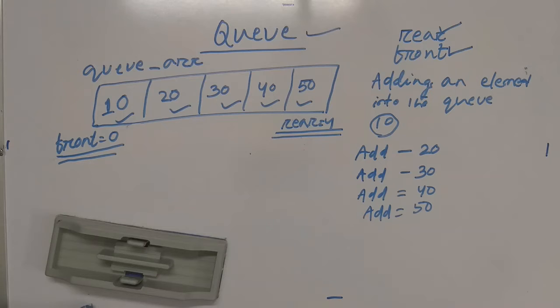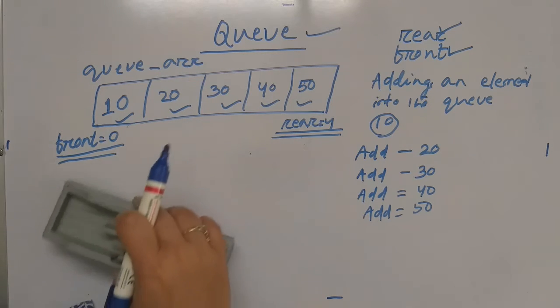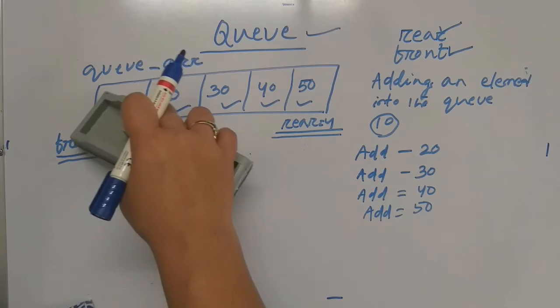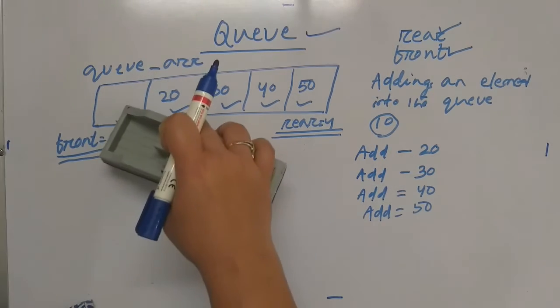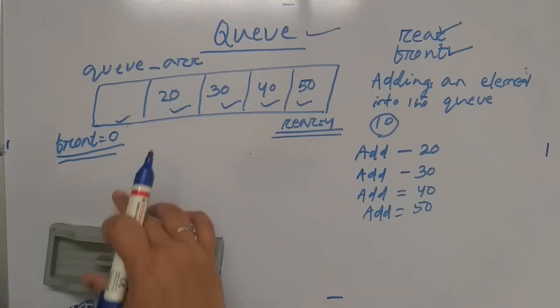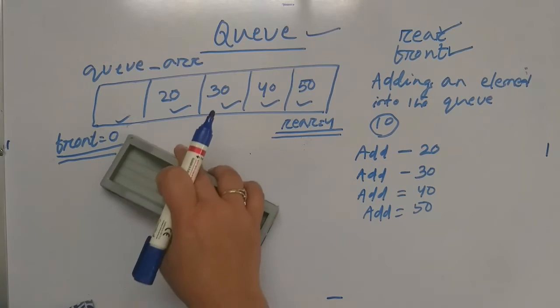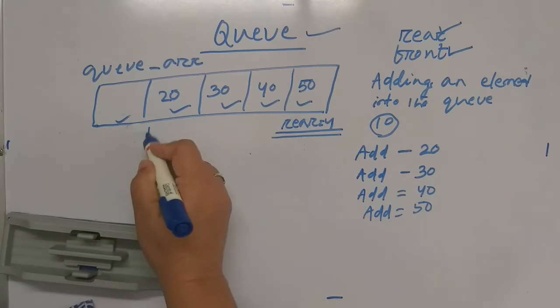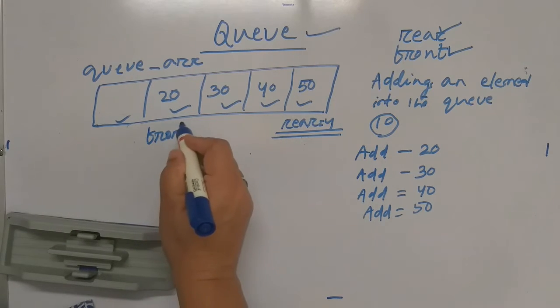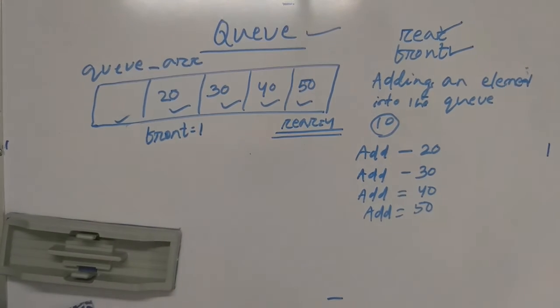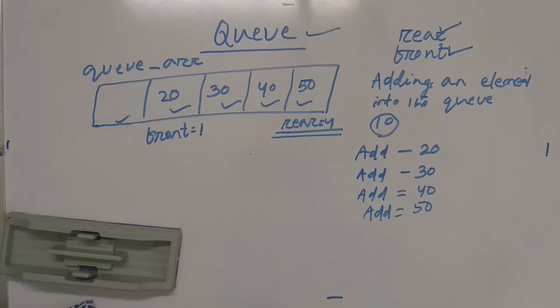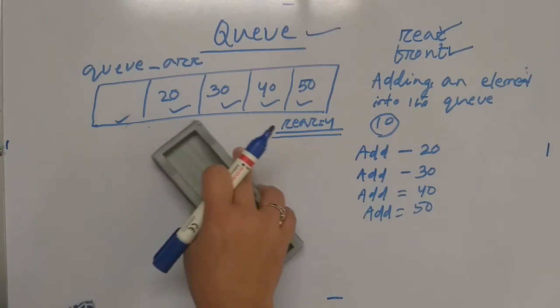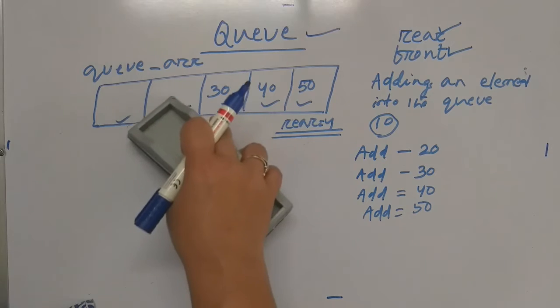Suppose we add the values in the queue and after that we delete one and two elements. So this is the first element. If we delete it, the front value changes from 0 to 1. Front is incremented by 1. Now once again we delete the next element, which is here 20.